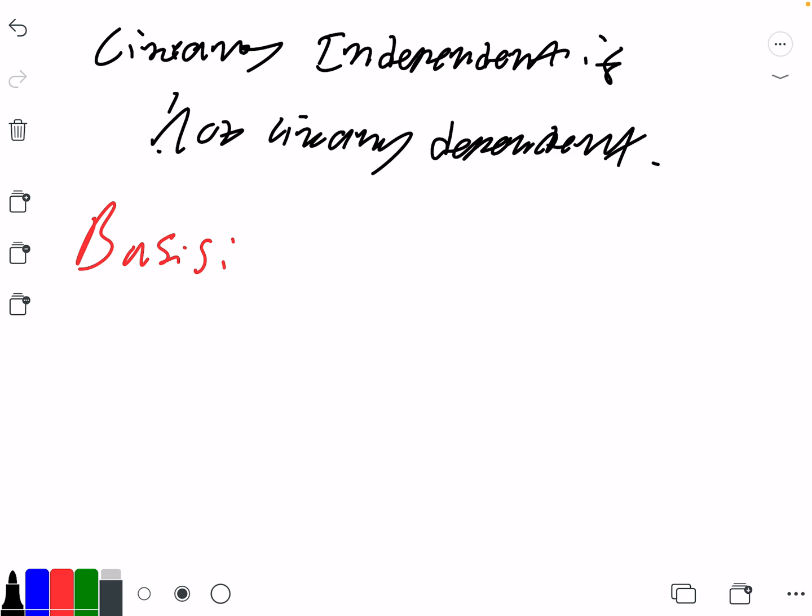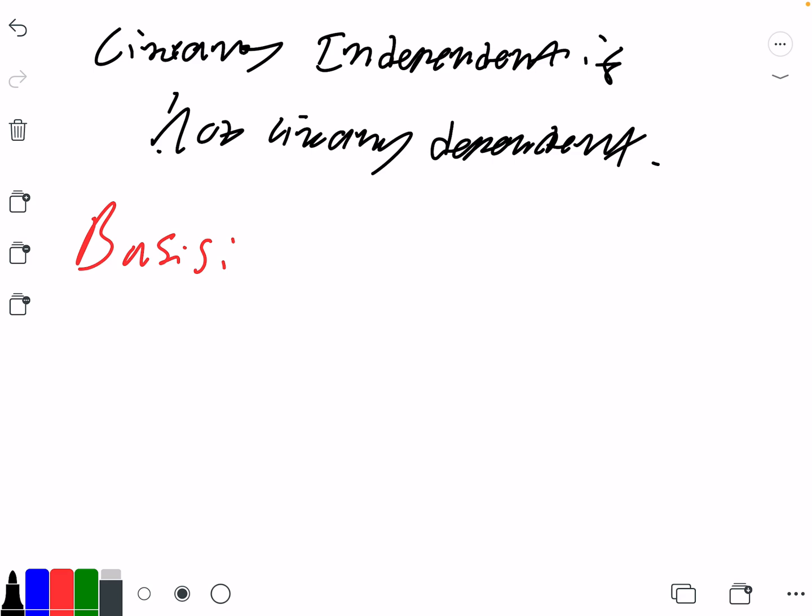Why you want them to be linearly independent is because if you have a linearly dependent set you're calling a basis, it's redundant, because you don't need all of those vectors. And the cardinality of this set is going to be important later when we talk about dimension.